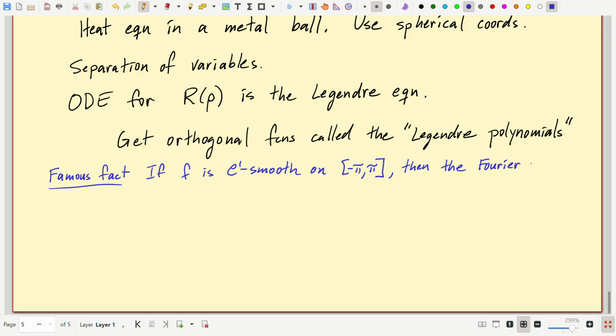The Fourier coefficients for f are absolutely summable. Meaning that the sum of the Cn, the modulus, is less than infinity.